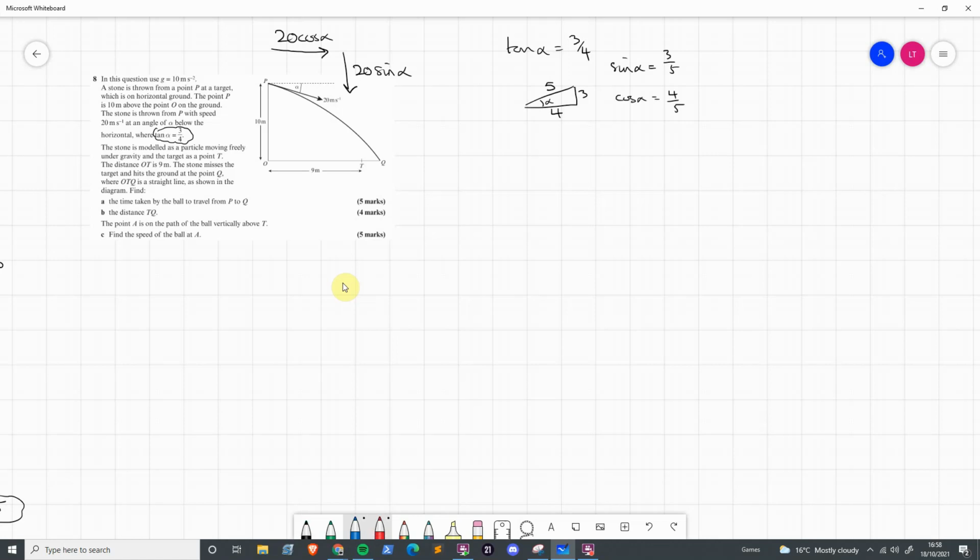So I am in fact going to replace this. So 20 times 3/5 is 12. And then this is 20 times 4/5, so it is 16. So I'm going to be using those values, 12 and 16, instead of the cos alphas and sine alphas.